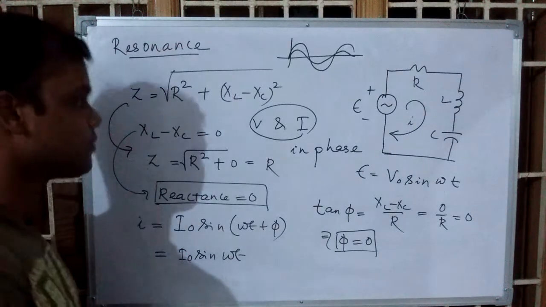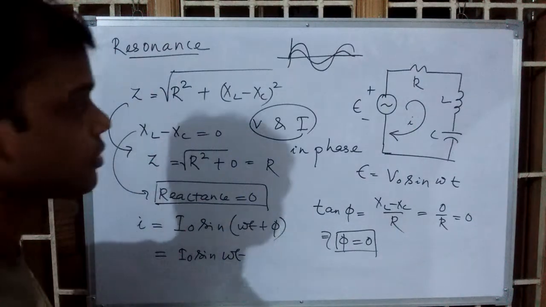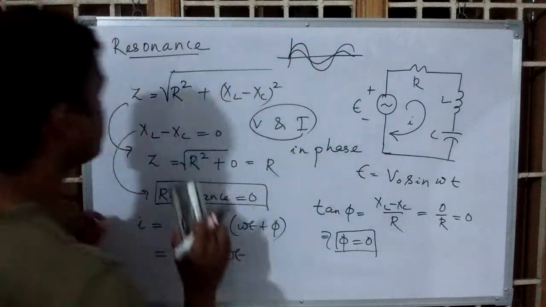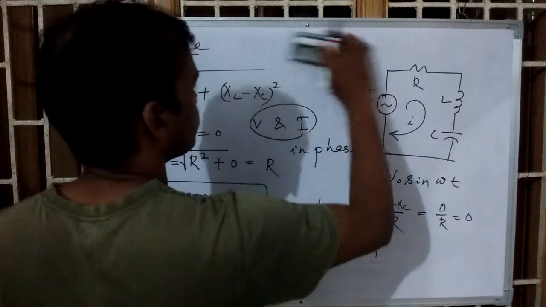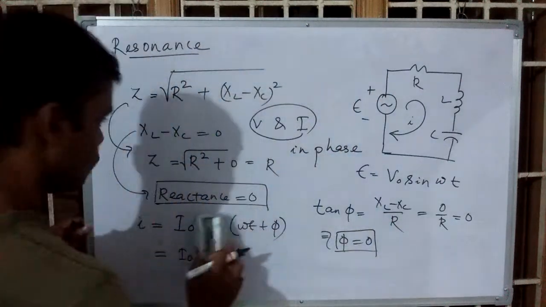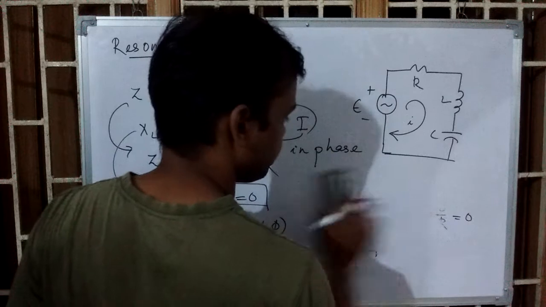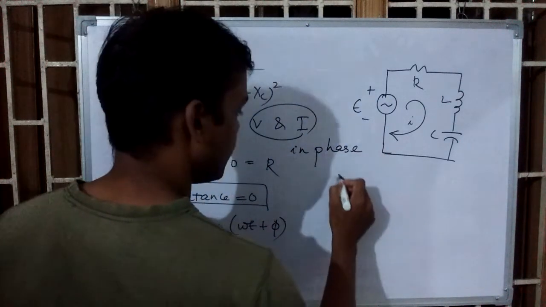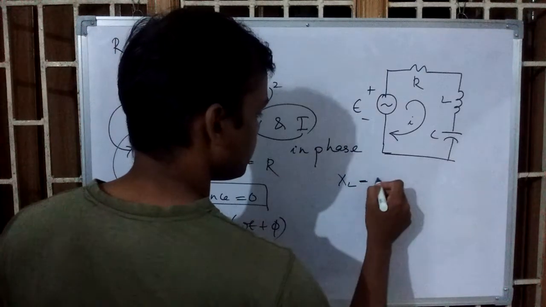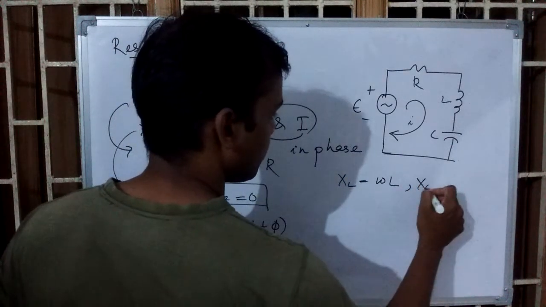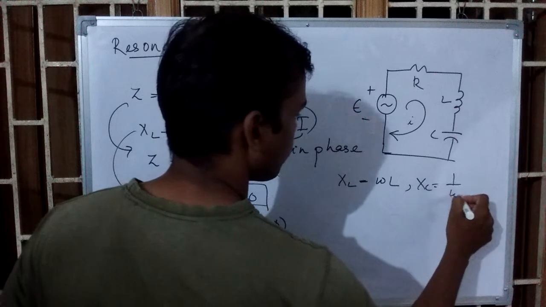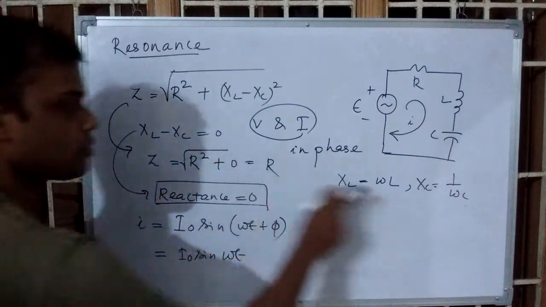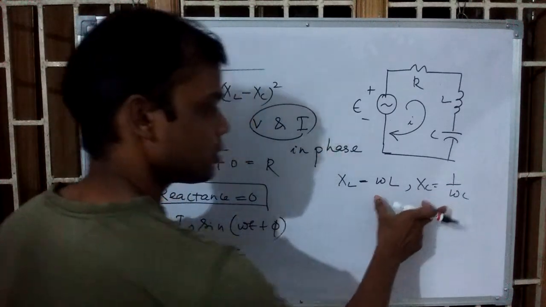Then what is the frequency at which this happens? We already know that XL is equal to omega L, XC is equal to 1 by omega C. That means for XL minus XC to be equal to 0, omega also has to be a particular value.